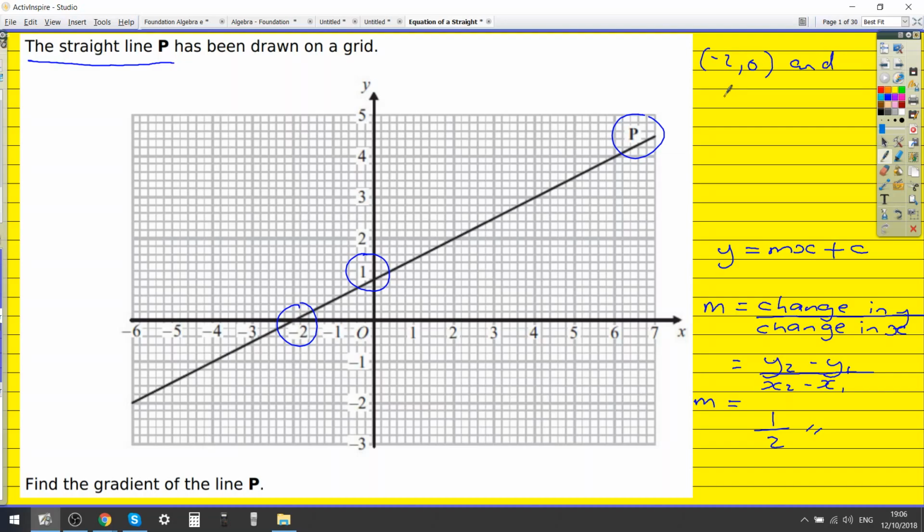So it was minus 2, 0 and 0, 1. For y, 1 minus 0 gives you 1, and 0 minus minus 2 gives you positive 2. Any questions there? No. Okay.